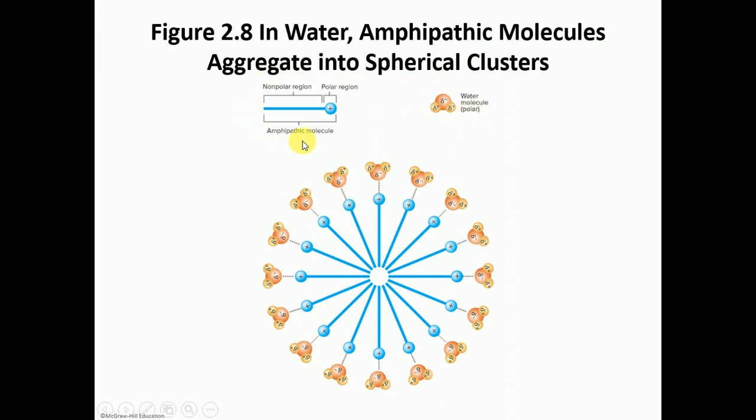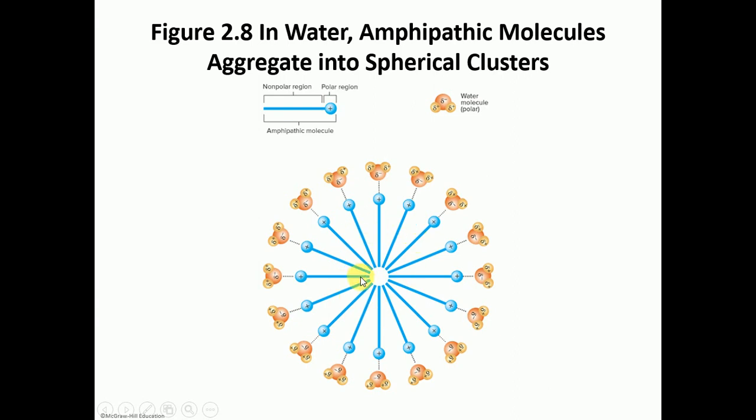Okay, so in order for an amphipathic molecule to go within the bloodstream, to be transported in blood, you would have to get these polar heads in contact with the water molecules and hide all of these hydrophobic tails in the middle.